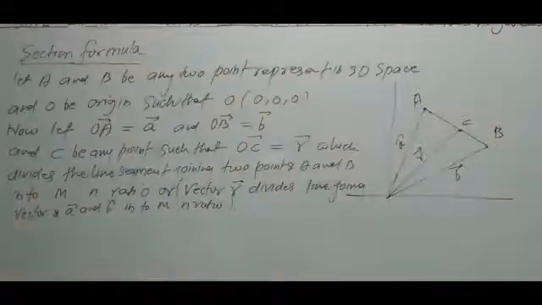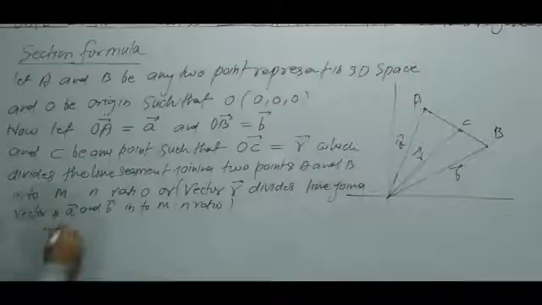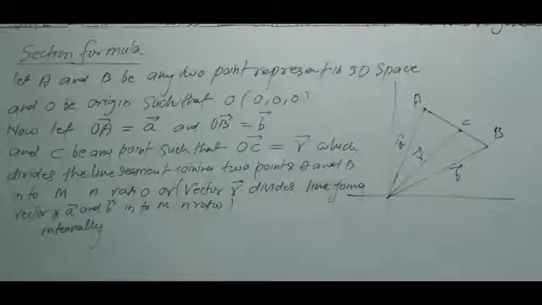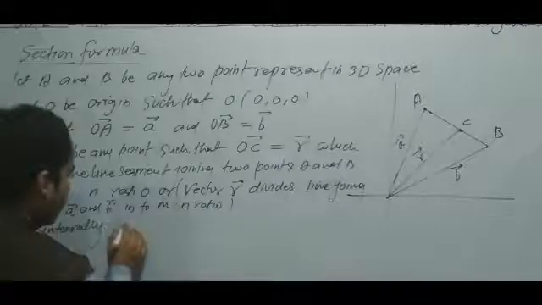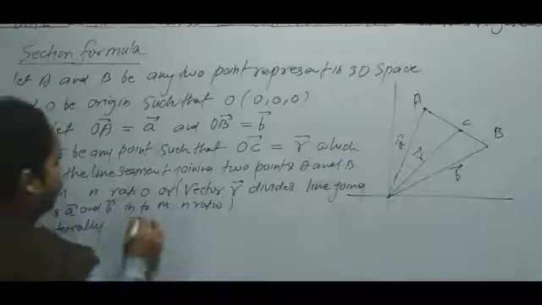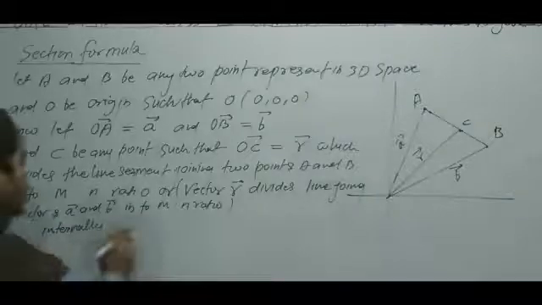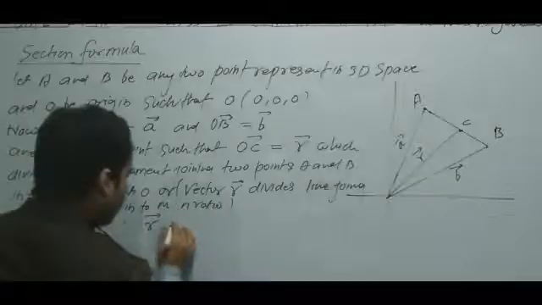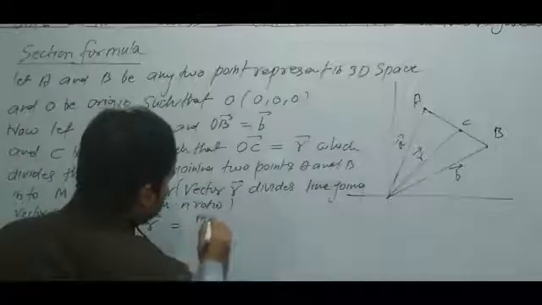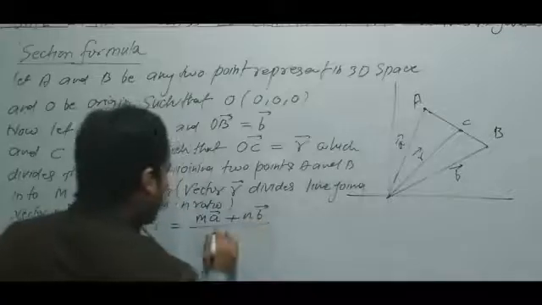Now the coordinates of R, what we can write? In the m is to n ratio internally, vector R is equal to m into A vector plus n into B vector, whole upon m plus n.